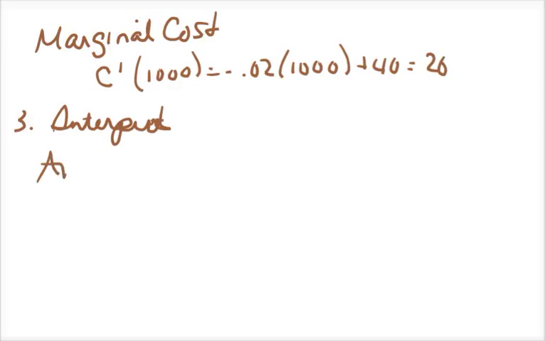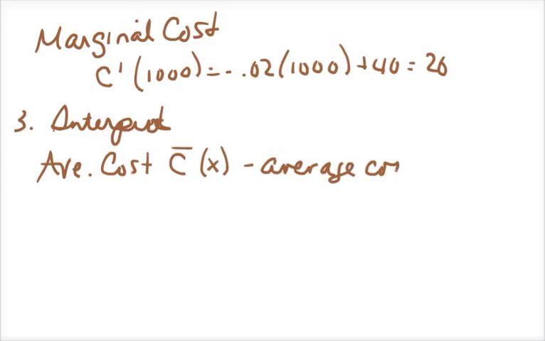So the average cost, C bar of x, is the average cost per item.